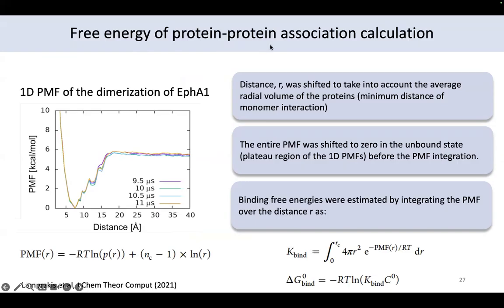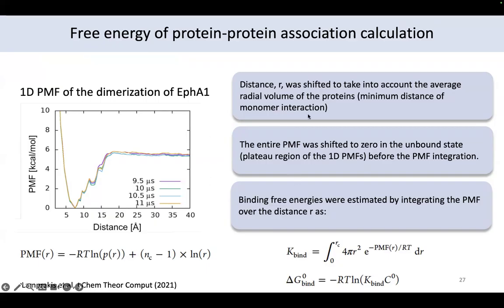How can you do this? By generating potential of mean force curves based on the distance, and by integrating this plot, you can calculate the free energy of association.